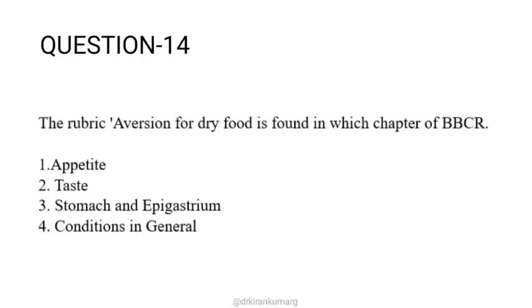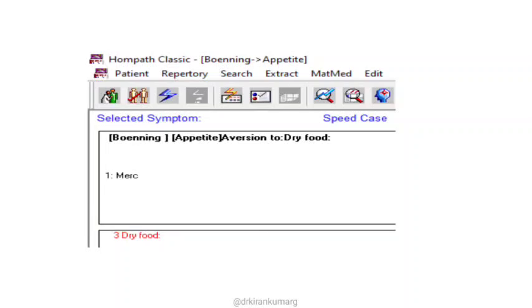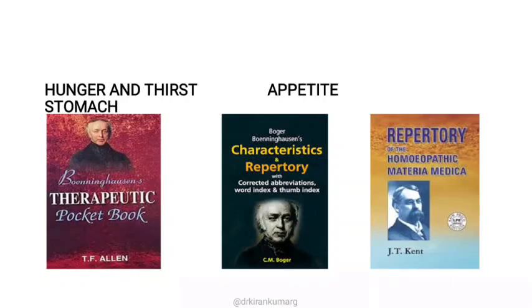Okay, so in the appetite chapter, aversion to dry food is given. The single remedy is Merc. I'll also compare with the other two repertories. In the BTPB, desire and aversion are given in the hunger and thirst chapter.